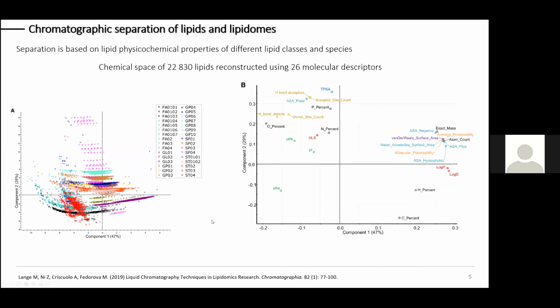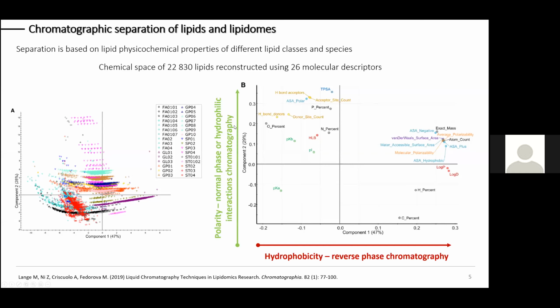If we look at which molecular descriptors actually define their behavior, it becomes very logical that in principal component 1, where we have a separation of lipids within one category, for instance these black ones or these violet ones, the main separator is the hydrophobicity, defined by logP values. Whereas in principal component 2, we have the main influence of polarities.